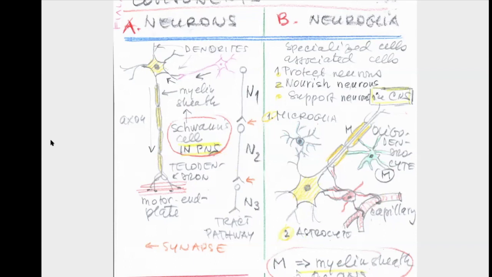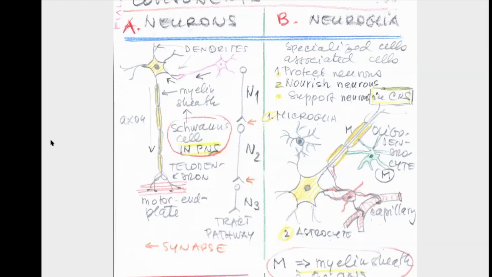And finally, number three are the oligodendrocytes, oligodendroglia, and they are responsible for the formation of the myelin sheath. It's written on the bottom of the page. M means myelin sheath in the central nervous system.